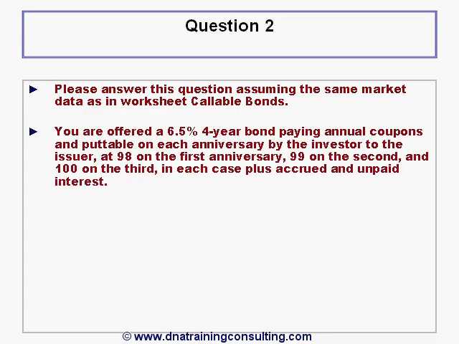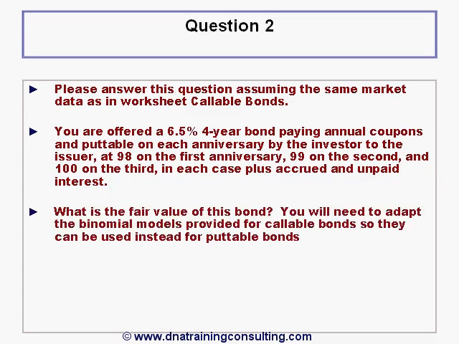You are offered a 6.5% 4-year bond paying annual coupons and puttable on each anniversary by the investor to the issuer at 98 on the first anniversary, 99 on the second, and 100 on the third, in each case plus accrued and unpaid interest. What is the fair value of this bond?